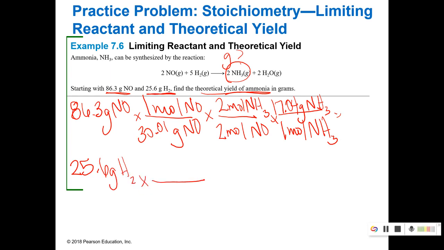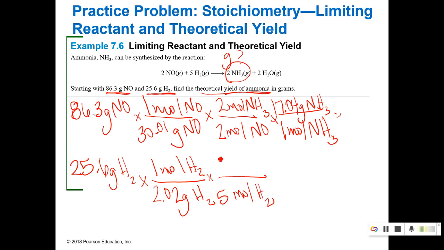We're doing the same process, going grams to grams from H2 now to NH3. So I've got 2.02 grams H2 is 1 mole of H2. Then 3 moles of H2 is in every 2 moles of NH3.